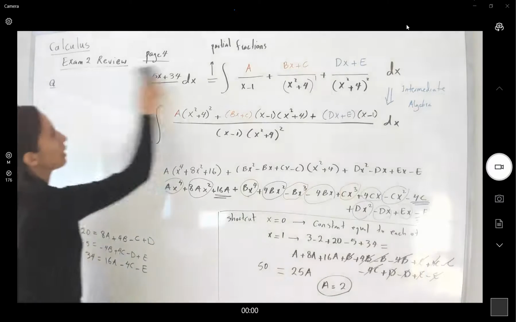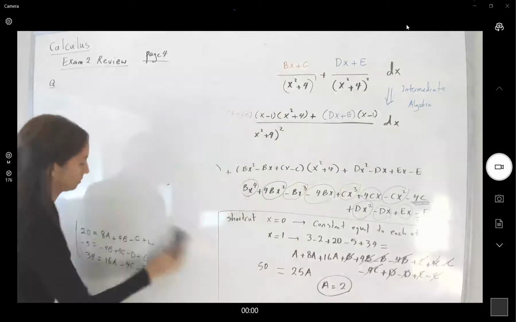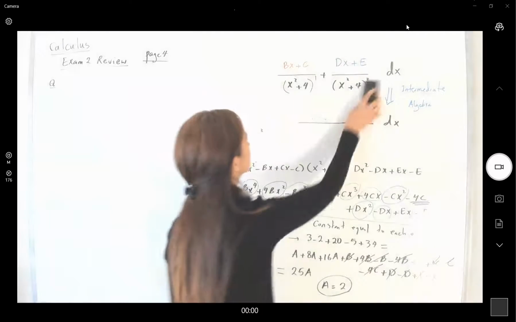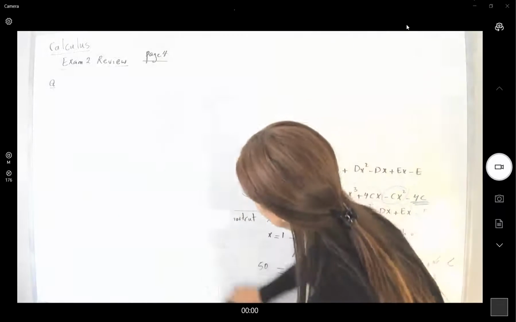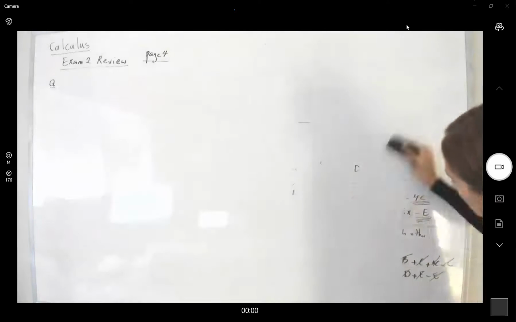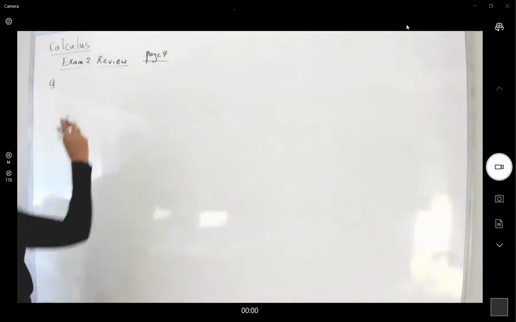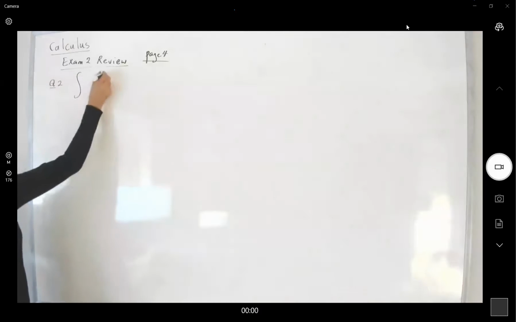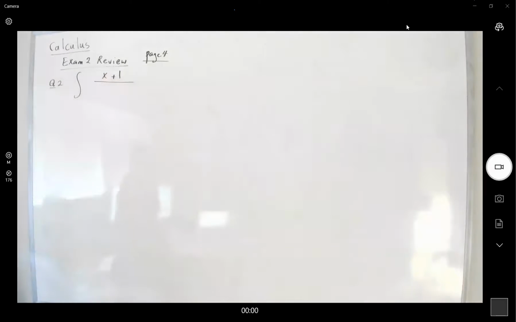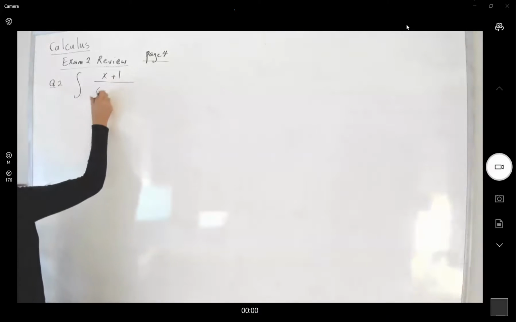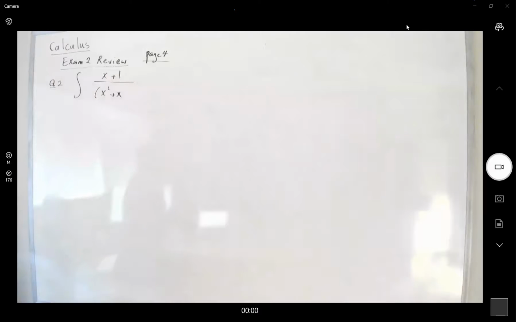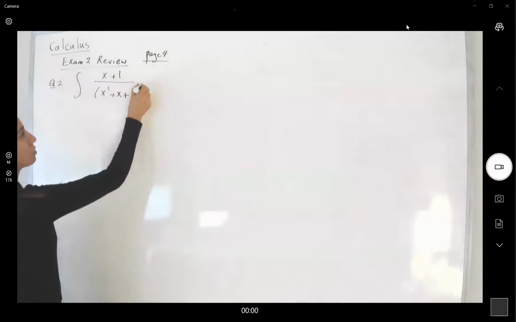Question 2, we have another integral. It says you have the integral of x plus 1 divided by, what do we have? x squared plus x plus 2, to the second power, dx.